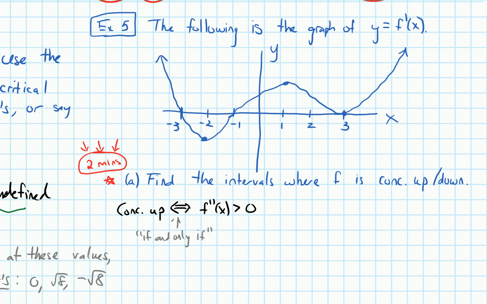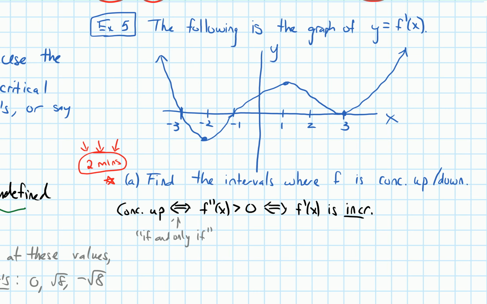That we've seen before. But what is this equivalent to? If the second derivative is positive, that means something about the first derivative. It means the first derivative is increasing.